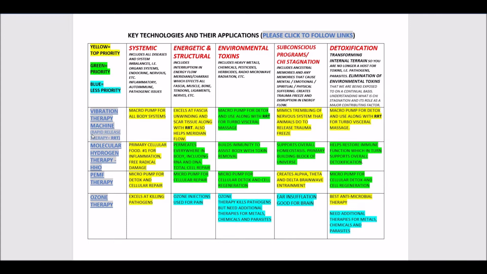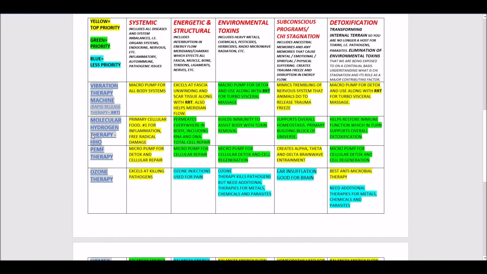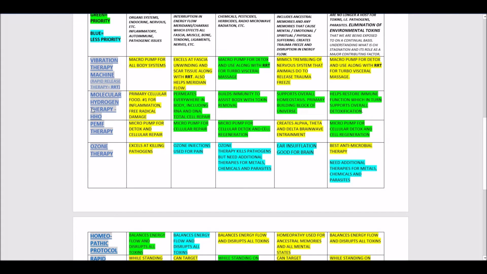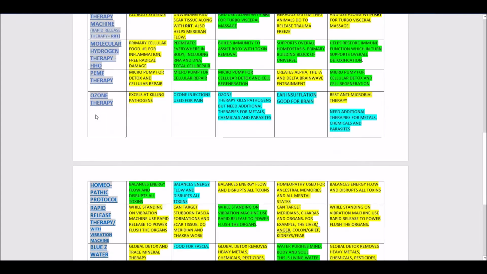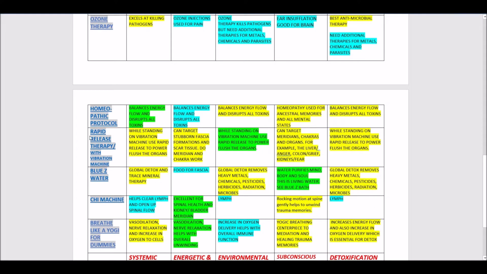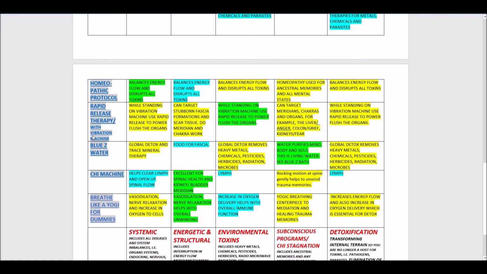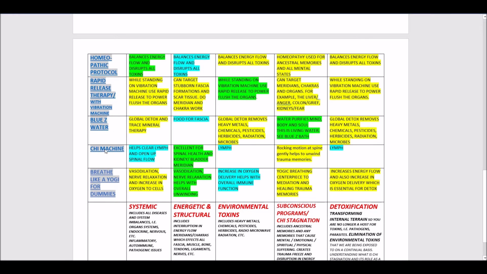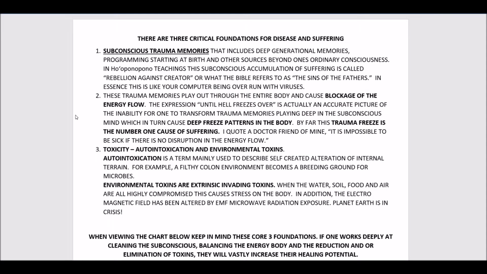Then our core therapies are on the left column: vibration therapy machine, molecular hydrogen therapy, PEMF therapy, ozone therapy, a homeopathic protocol that's new, and then a rapid release technology which goes with the vibration machine, and Blue Sea Water, our flagship detox product, Chi Machine, which is part of our trauma release program, and Breathe Like a Yogi for Dummies.